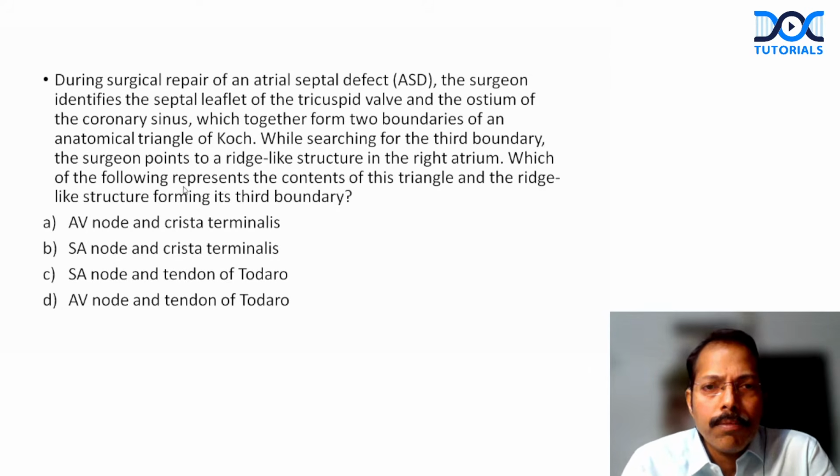As you all know, the content of the triangle of Koch is the AV node. What is confusing is the crista terminalis, because it is one of the important structures in the right atrium. As we read in our classes, one of the important boundaries is the tendon of Todaro.